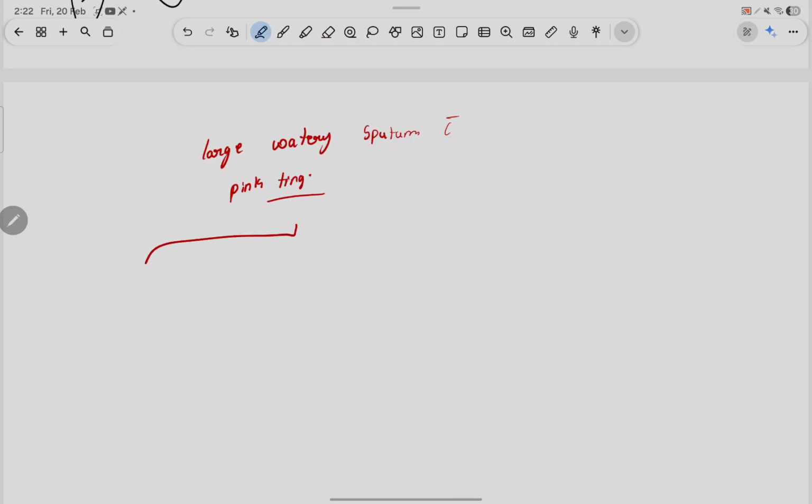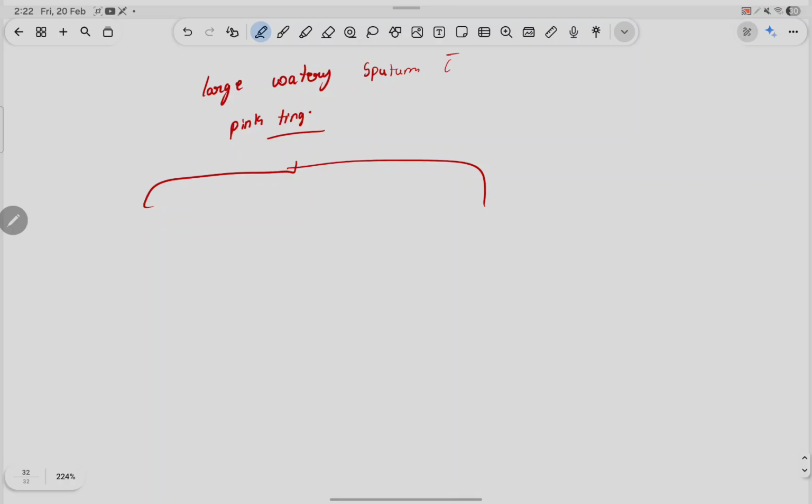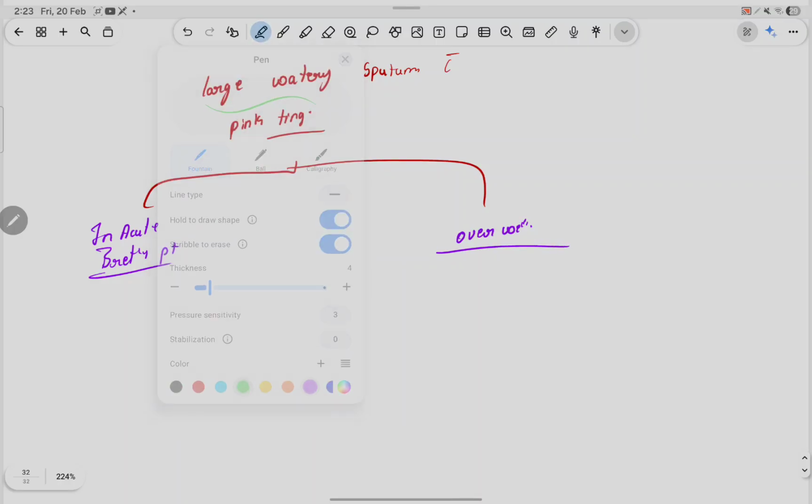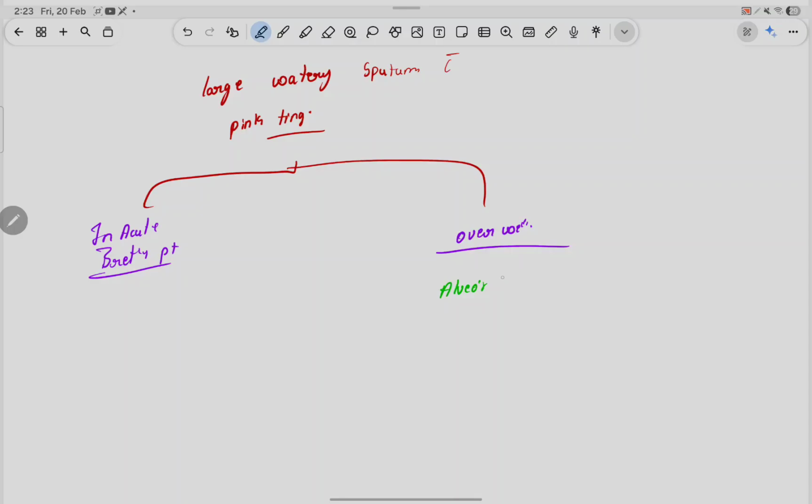If it has a pink tinge, then we could suspect blood. In an acute breathlessness patient, a pink frothy tinged sputum is suggestive of pulmonary edema, and this is acute. Over weeks, continuously, we could suspect alveolar cell carcinoma.